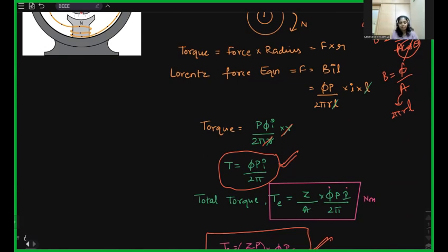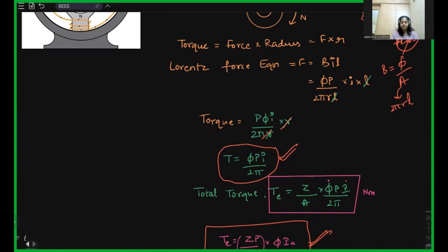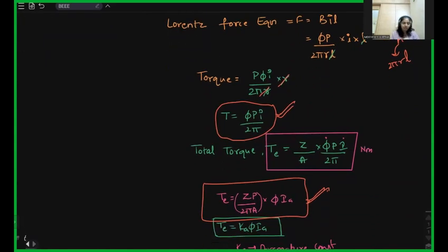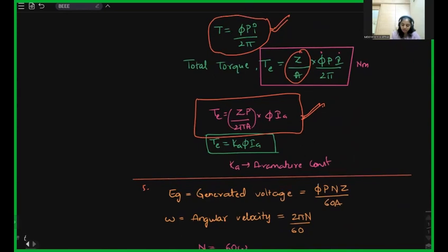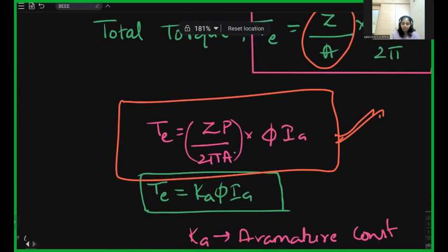So T is equal to P phi I by 2 pi. And we should not forget about considering the conductors and the parallel paths, as we have done in the EMF equation. So Z by A is also multiplied to the given formula. So finally, we get this equation: Te equals ZP by 2 pi A into phi into Ia.